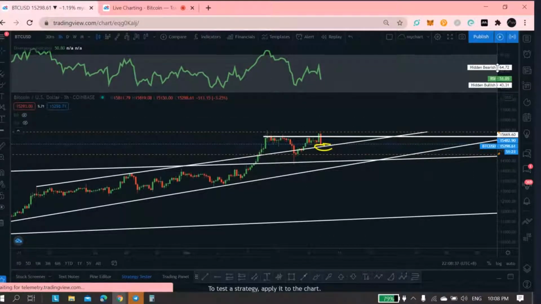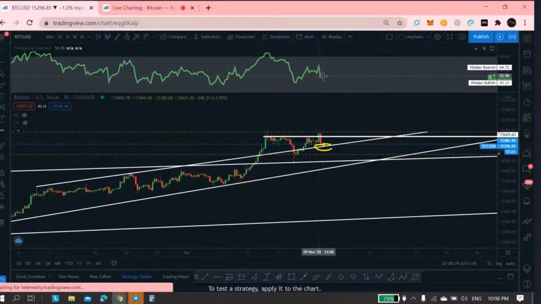Because this one, the previous hidden bearish, also sometimes the regular bearish, they're just the same, the numbers are 64.72.